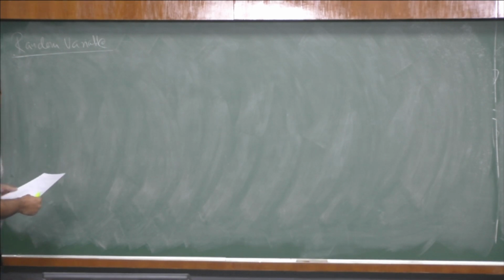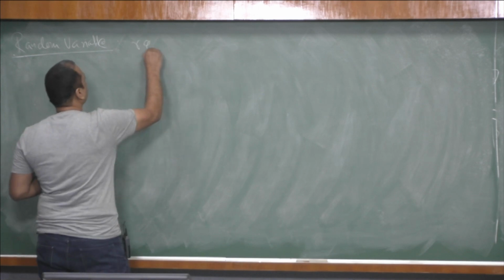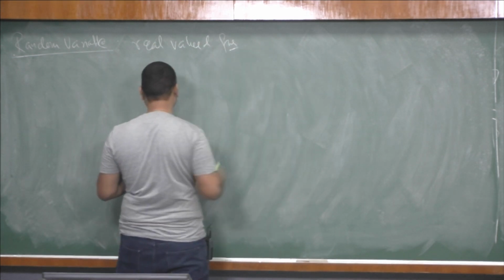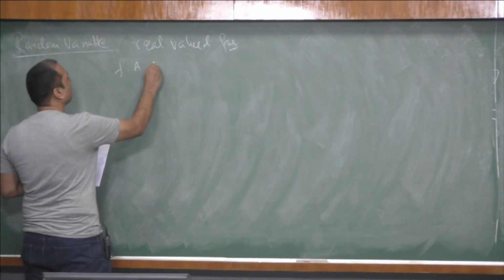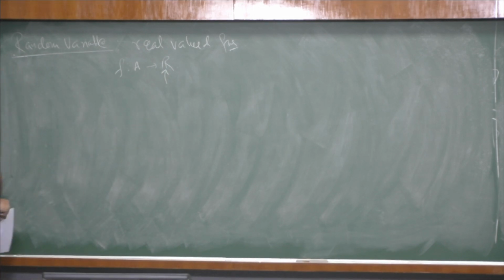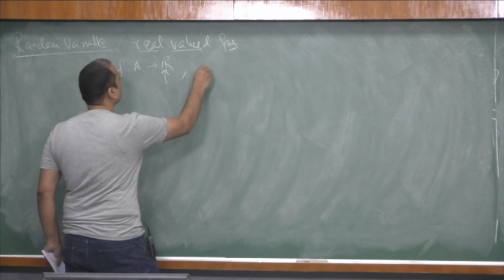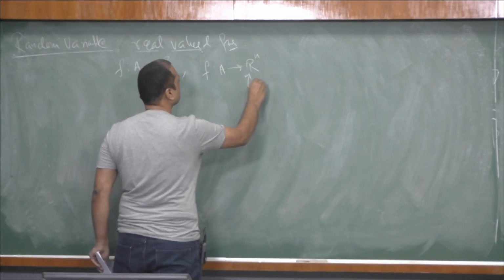Okay, so what are random variables? Random variables are essentially real valued functions. Real valued means that the function goes from a domain but then takes real values. Sometimes it may not be real valued, it may be vector valued, something like that.